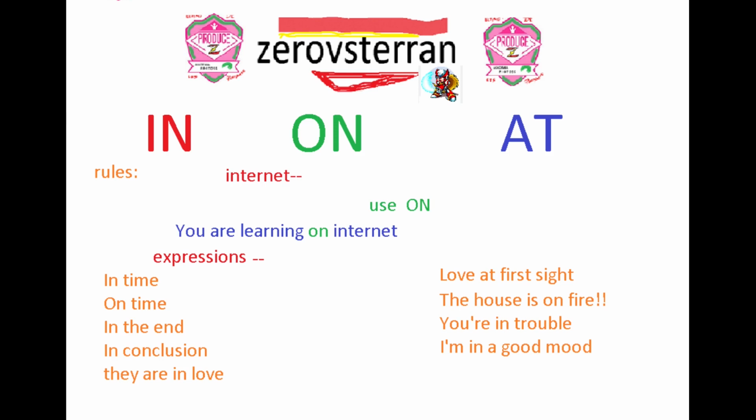The house is on fire. You're in trouble. I'm in a good mood. So expressions like this, just learn them as a group of words. Start doing that now, and the future will be much easier for you when you're using prepositions in English.